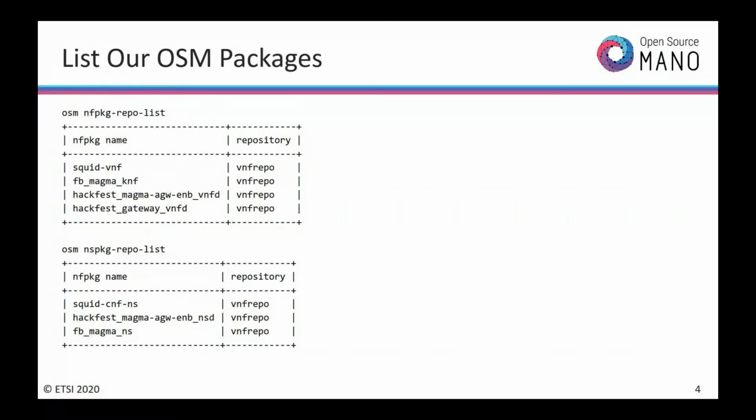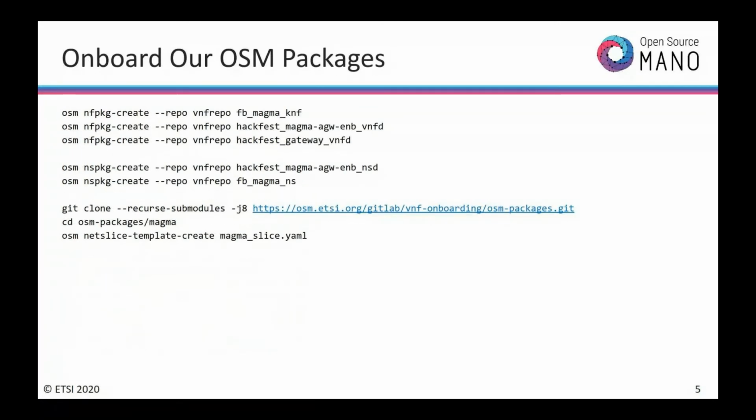So if you've added your repository, you should be able to see the 4 network function packages and 3 network service packages. In order to deploy something, this is the equivalent of a download, basically.